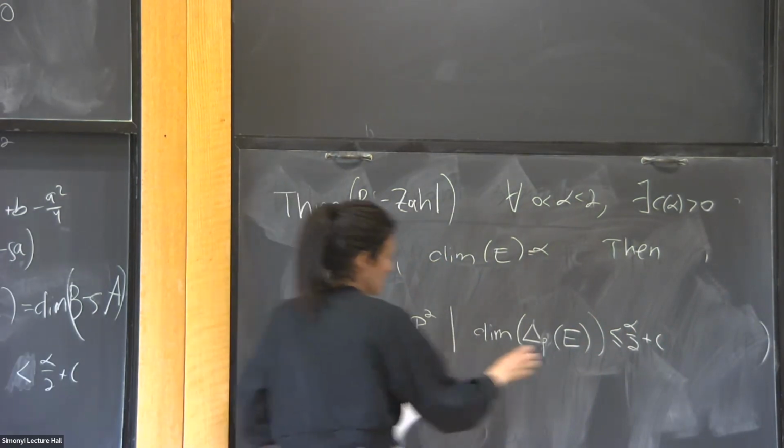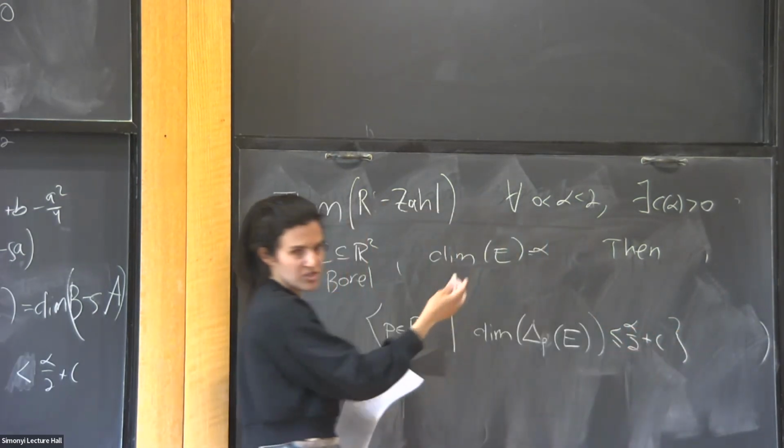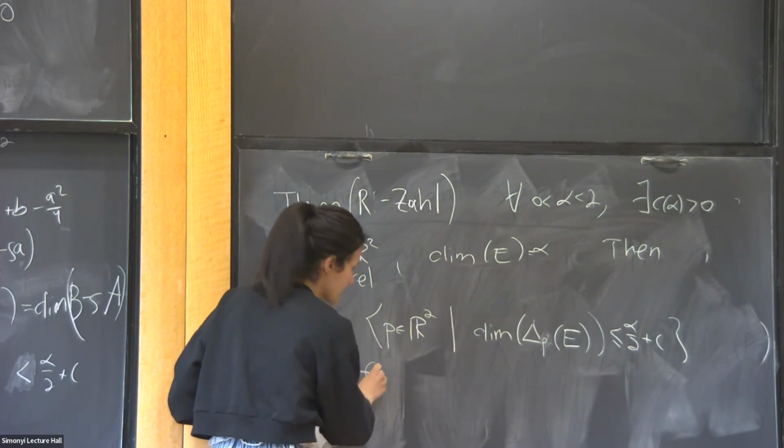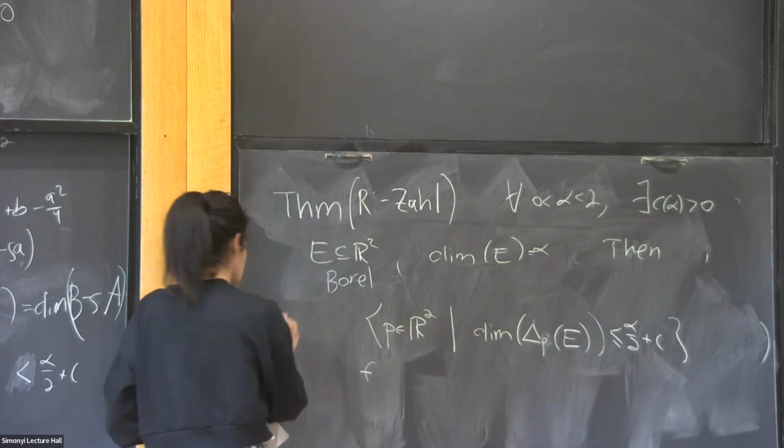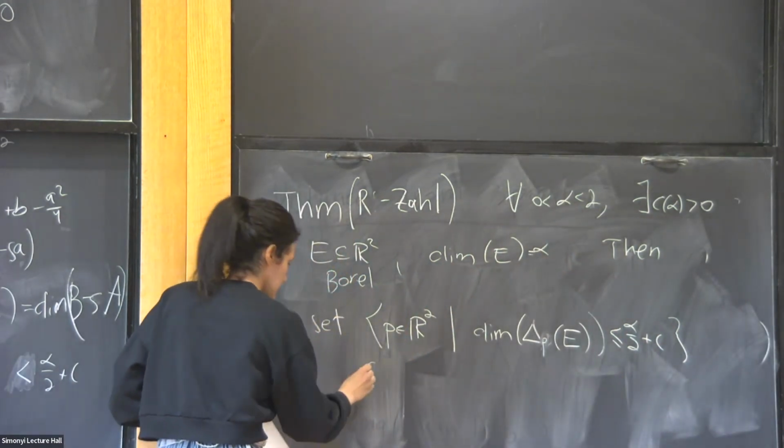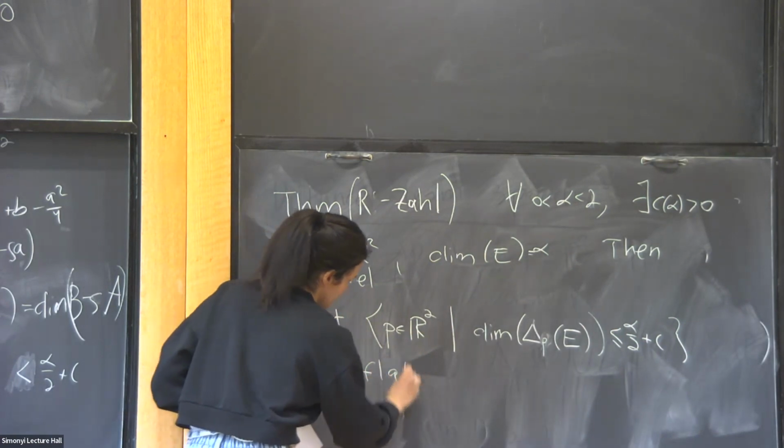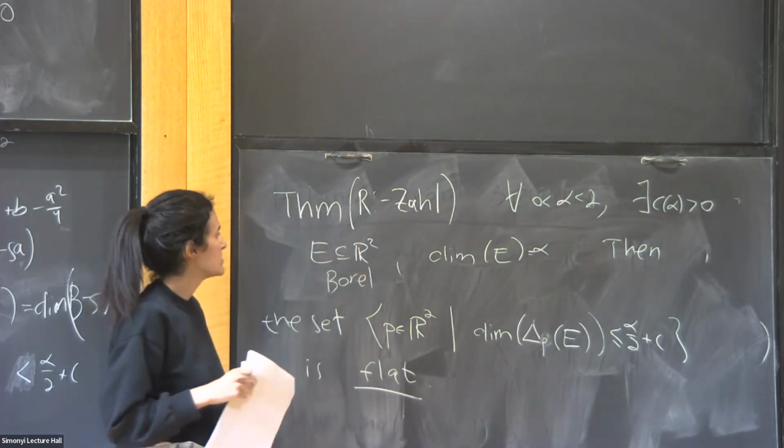This set, we cannot say its dimension is 0, but what we're showing is that it is flat. So then the set is flat, then you need to define it.